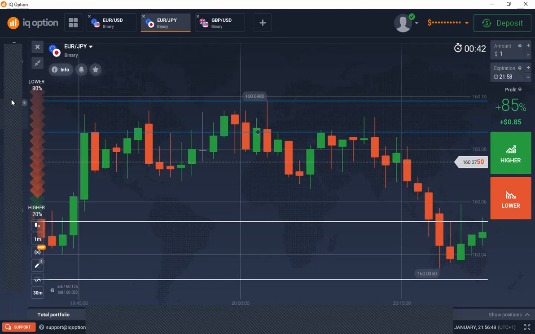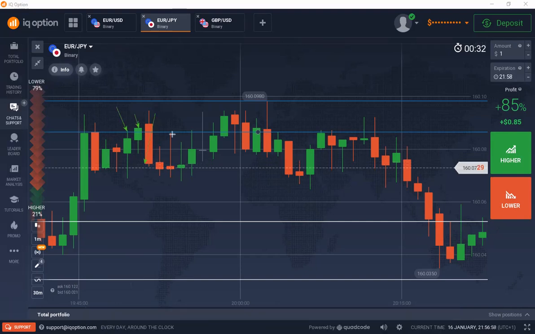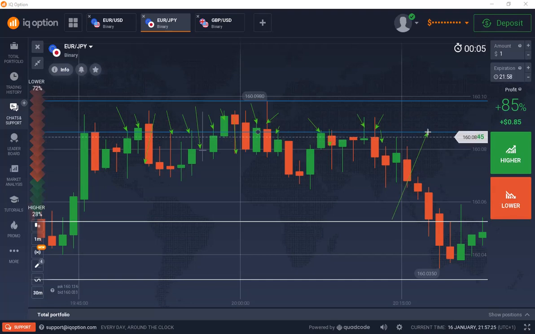You can see many rejections, a doji, a candle closing with a rejection, sellers enter. Again, rejection, and this rejection, sellers enter. Rejection, sellers enter.